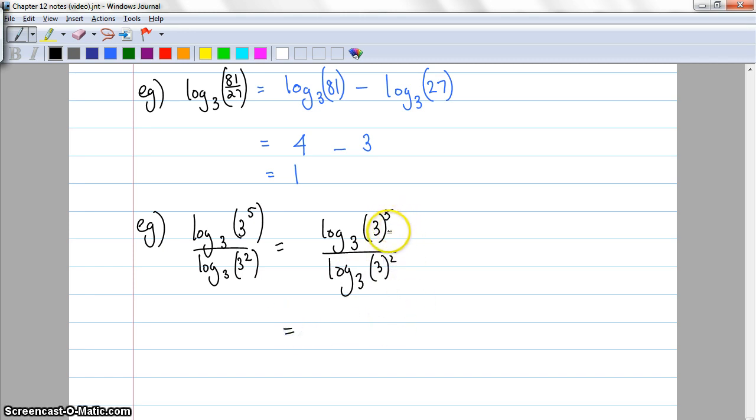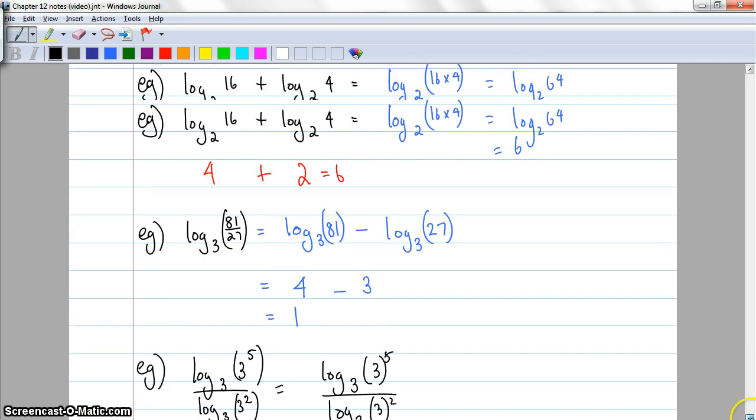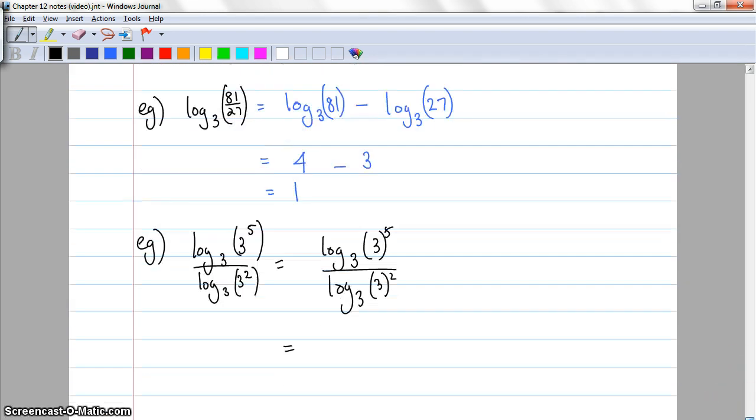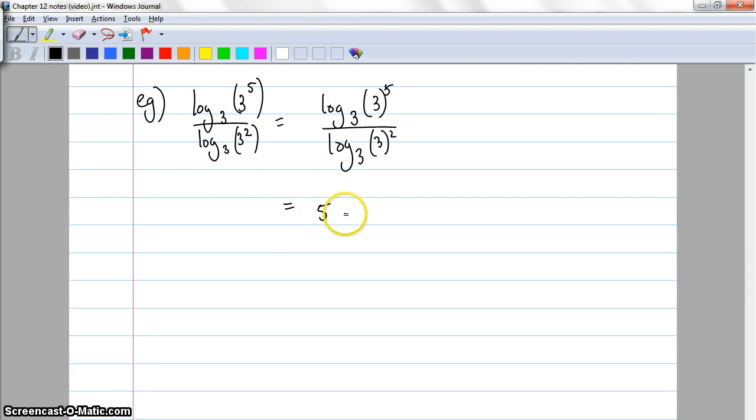That one then becomes, I'm going to use I think it was the third rule, which says if you've got a power, you can bring it out the front and multiply it. So that one becomes 5 times log 3 of 3 over 2 times log 3 of 3.